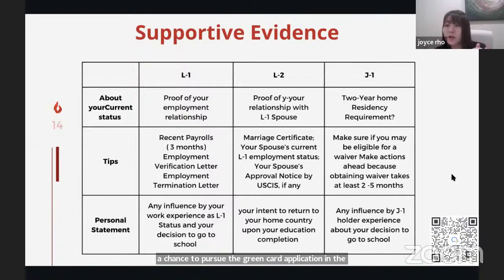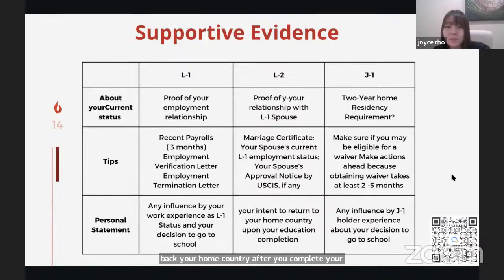They could think of that question eventually. So I recommend you write down your intent to return to your home country upon completion of your education. This section is a requirement for every applicant for change of status, but especially for L-2, who has a high possibility of eventually becoming a green card holder. I recommend that you emphasize your intent to go back to your home country after you complete your education.